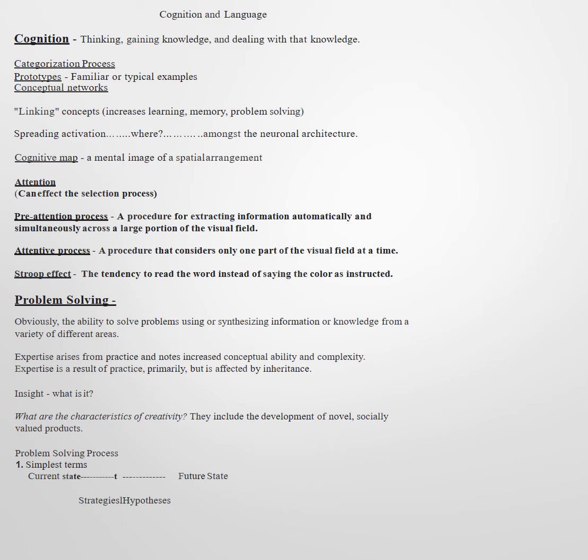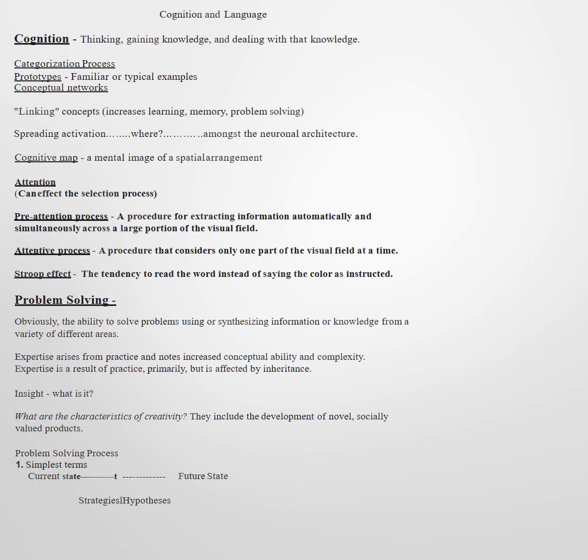So expertise is a result of practice and does not seem to be affected too much by inheritance. Insight is looking at problems in creative and, if you will, out-of-the-box ways. So some of the characteristics of creativity include finding novel and social applications, novel solutions to social problems.